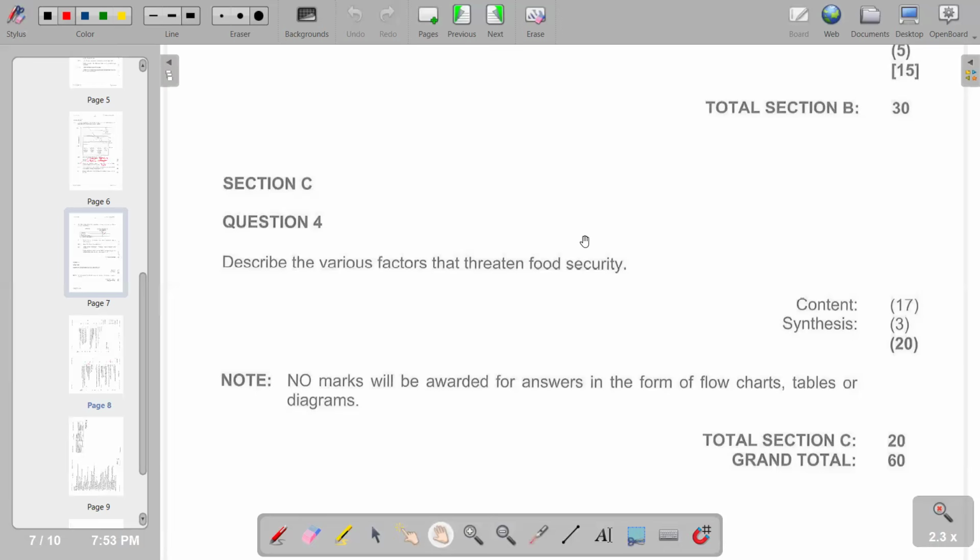We can also look at monoculture, which leads to soil erosion and depletion of nutrients from the soil, which also pollutes rivers. Also, pest control, in the sense of overuse of pesticides, which may cause accumulation of pesticides in food chains. We can also talk about alien plants and the reduction of agricultural land. Those are some of the factors that we can include, as stated in the other section.